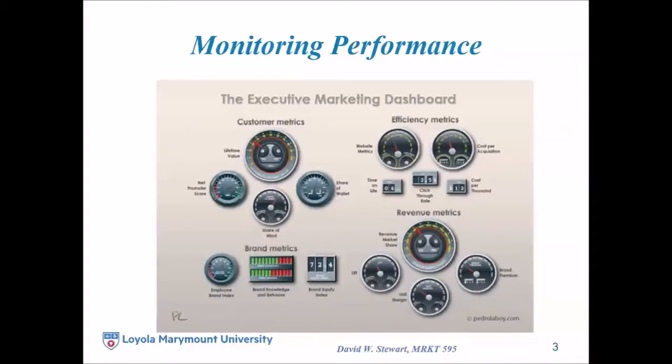But it's all there right on one screen, so you can get a sense of how you're performing at any one point in time. And if you see something that's concerning, either because it's negative or it's positive, then you may go in and try to understand and diagnose what the issue is.